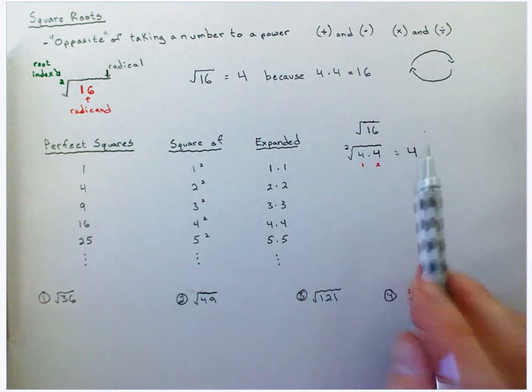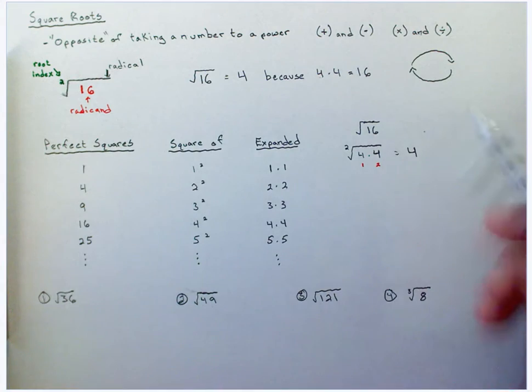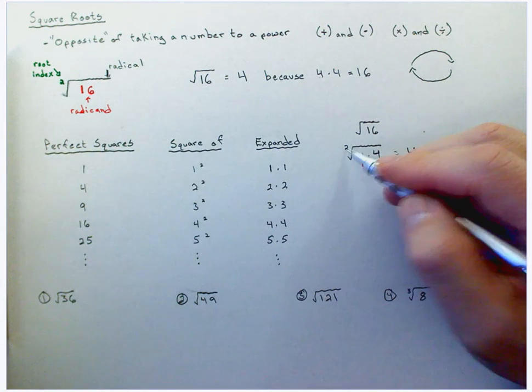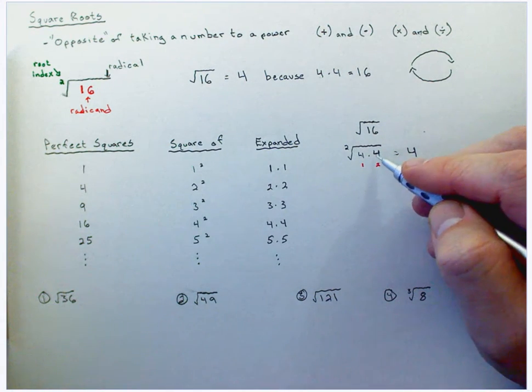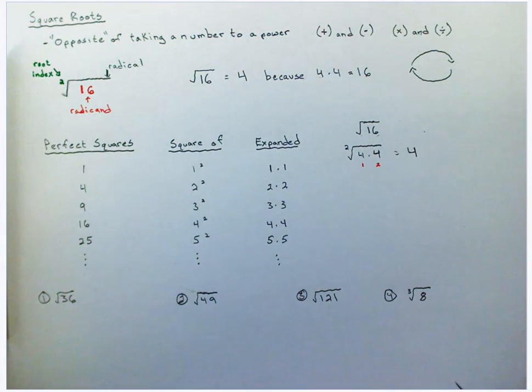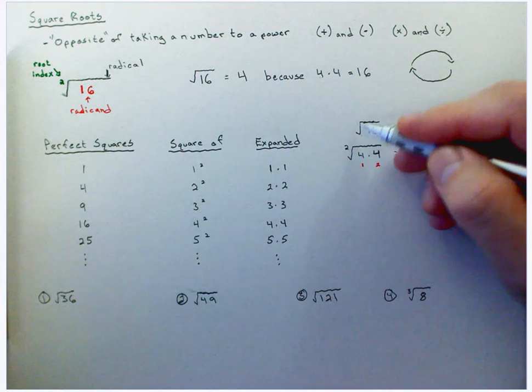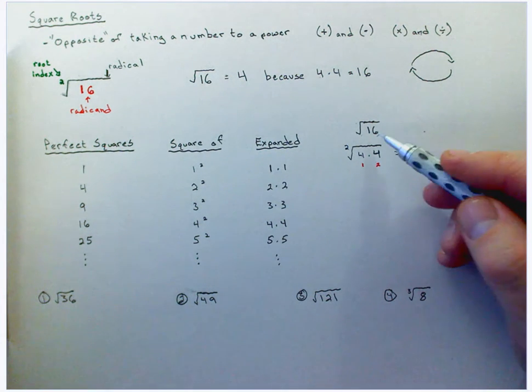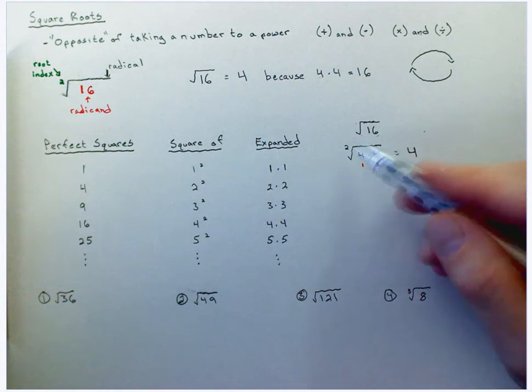This way right here is where I pull out a number. My root index indicates how many of those numbers have to be in there before I can pull one out. So I was given the square root of 16, and there's an understood 2 there for my root index. So I need 2 of a certain number before I can pull it out.